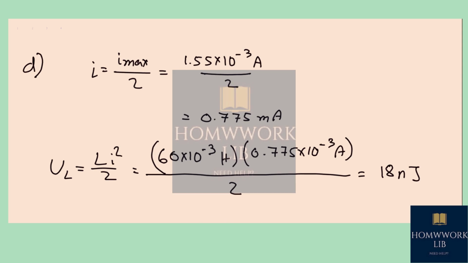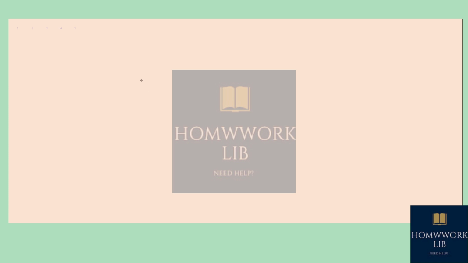Since the total energy is constant, at this point we have UL plus UC, which should be equal to 72.1 nanojoules.